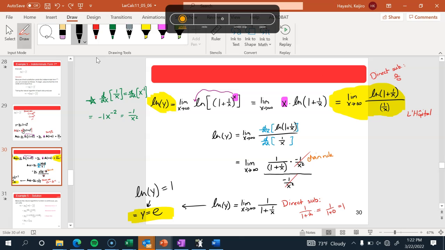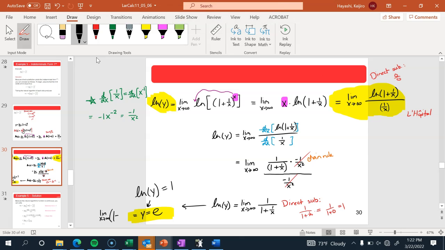Right, this limit from the very beginning, 1 plus 1 over x all to the x power, the limit of that as x goes to infinity, which is what we called y. That limit is e.